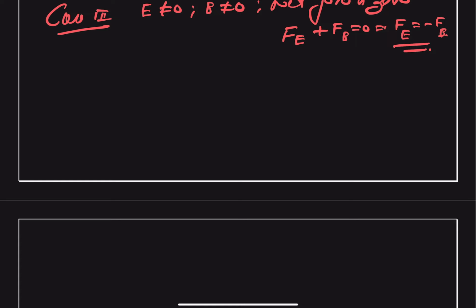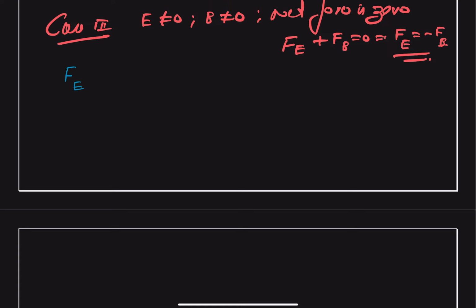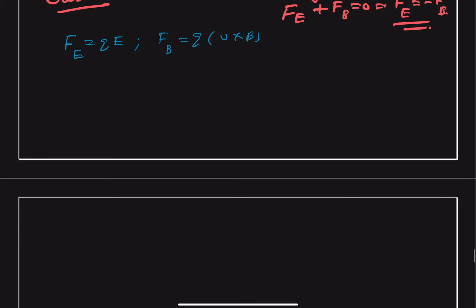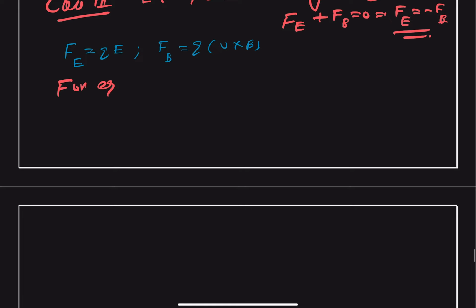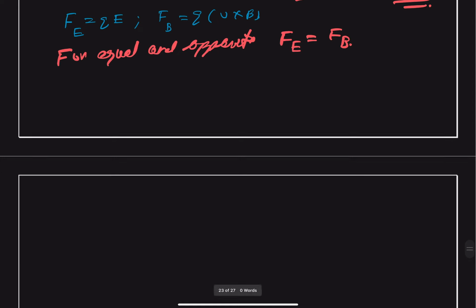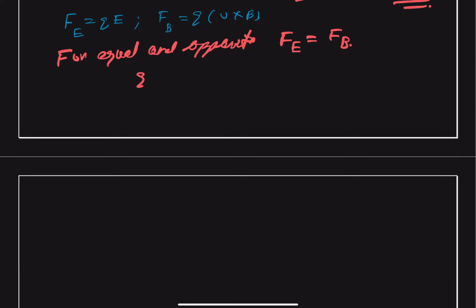We already know force due to electric field is QE, force due to magnetic field is QV cross B, and for equal and opposite, our Fe should be equal to our Fb, or we can write this as QE is equal to QVB, which gives us that our electric field is equal to velocity multiplied by the magnetic field.